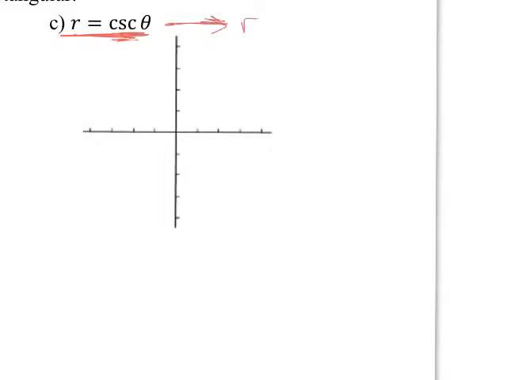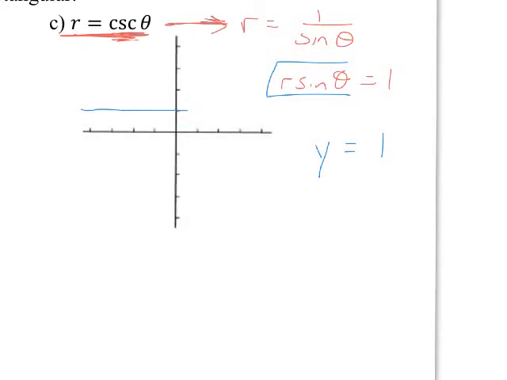I prefer dealing in sine and cosine, so I'm going to change this to r equals 1 over sine of theta. And then I can multiply the denominator out, and I get r sine theta equals 1. And at that point, I see that r sine theta is equal to y. So y equals 1. There we go. That's an easy equation to draw. Y equals 1.